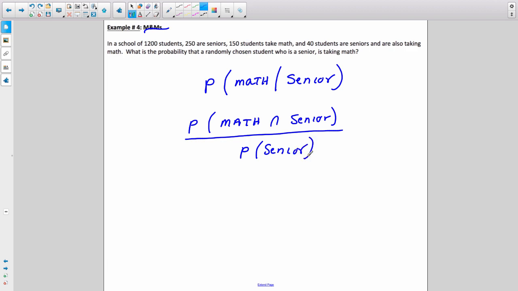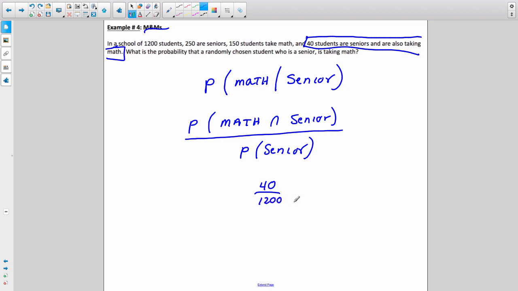So they've kind of done the work for us here because the probability of math and senior is this guy. 40 students, because they're also taking math and they're seniors. So the work has been done. So that's 40 out of a total student body of 1,200.